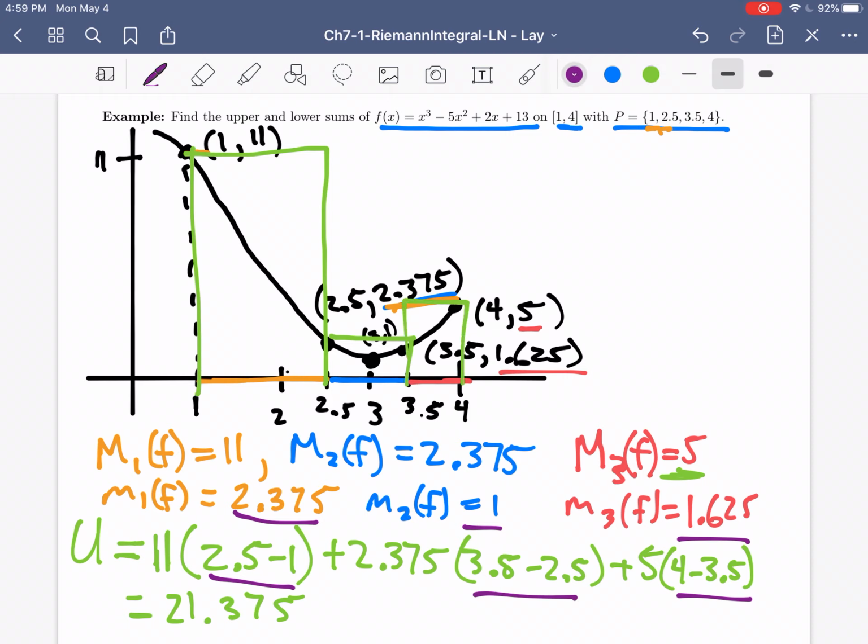And for the lower sums, we found the area of that rectangle, this rectangle, and finally this rectangle. So we added together those purple rectangles, which were all below the curve, to find the lower sum, and we added together the areas of the green rectangles, which were all above the curve, to find the upper sum.